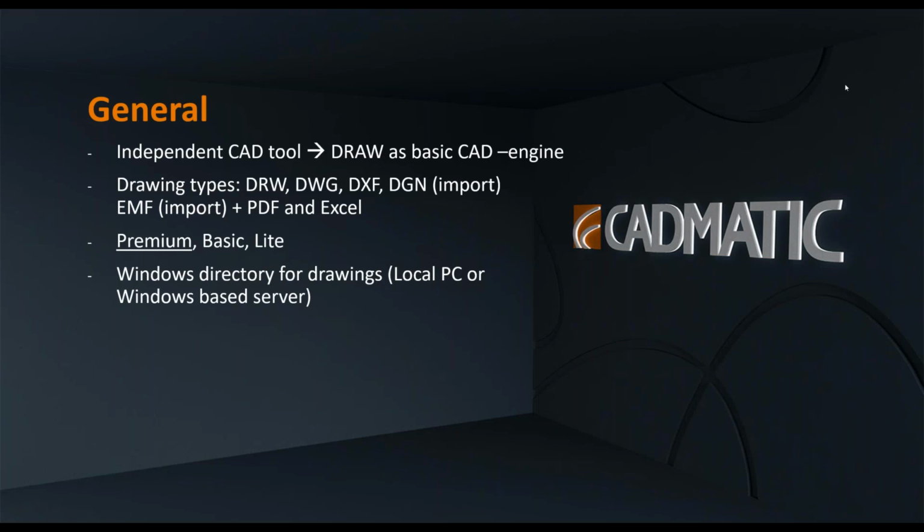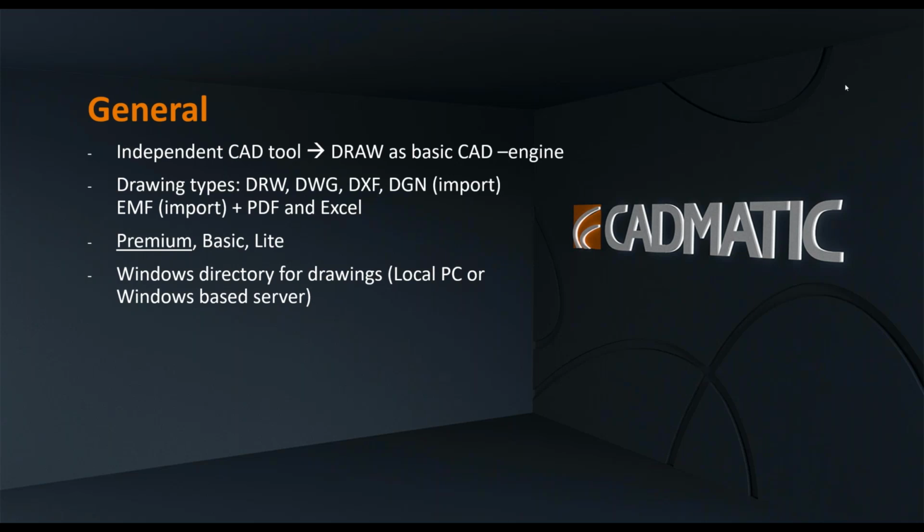This webinar, we are going through some basic stuff, then we will move on to more advanced things. The general thing about CADMATIC Electrical that users should know is that we are an independent CAD tool, and we have this called CADMATIC Draw.